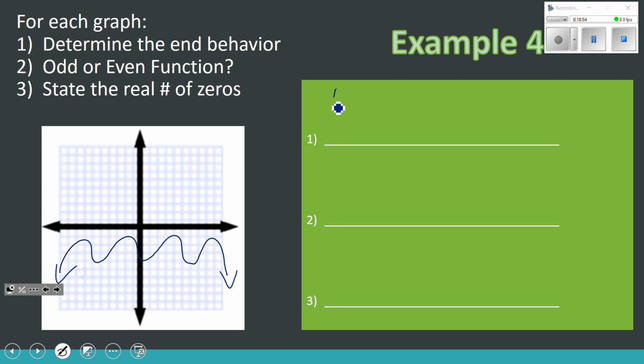All right, Shane, this one's for you. Okay? Agree or disagree? Agree. Very good. Odd or even?